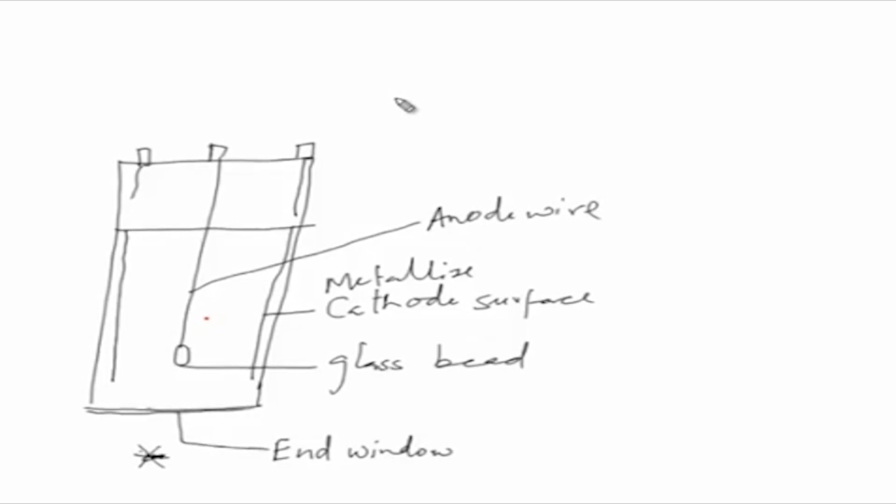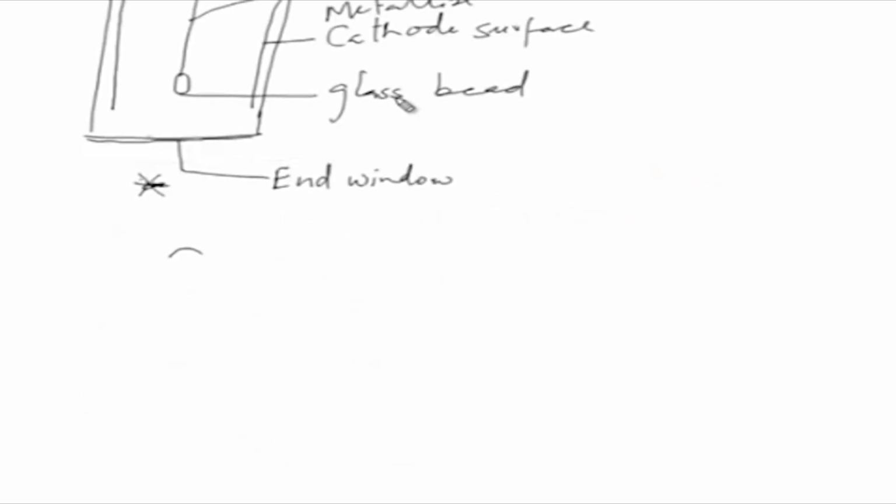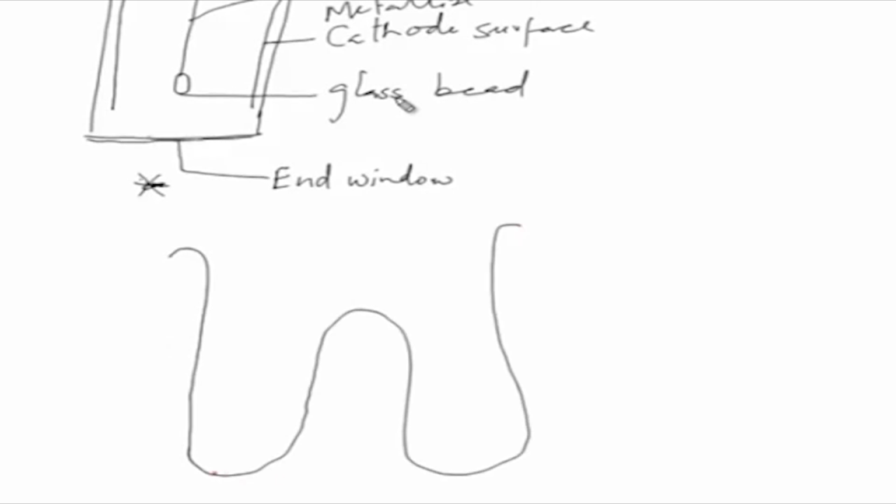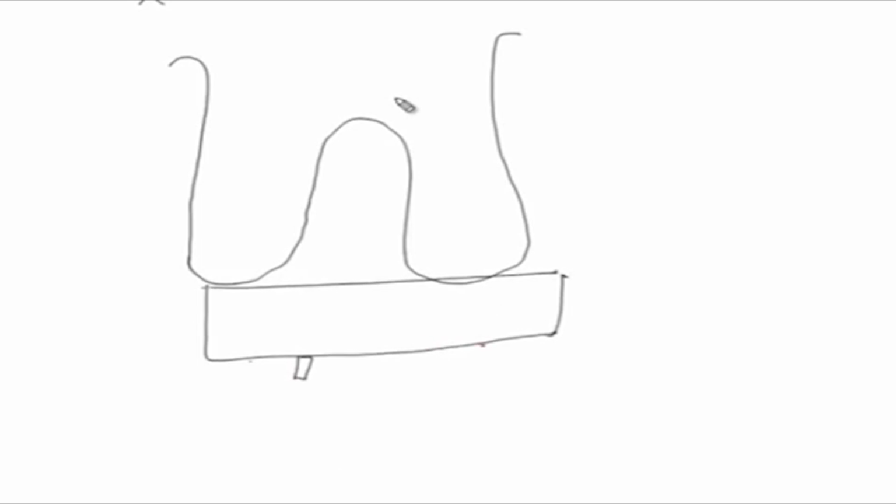Now, this could be used for different kinds of samples, but there is the annular well type counter, which is utilized for liquid samples, and it will look something like this. You have a similar sort of thing, but you have a place for the sample.